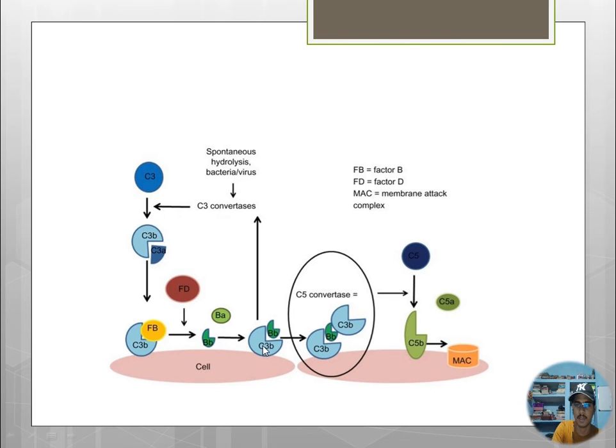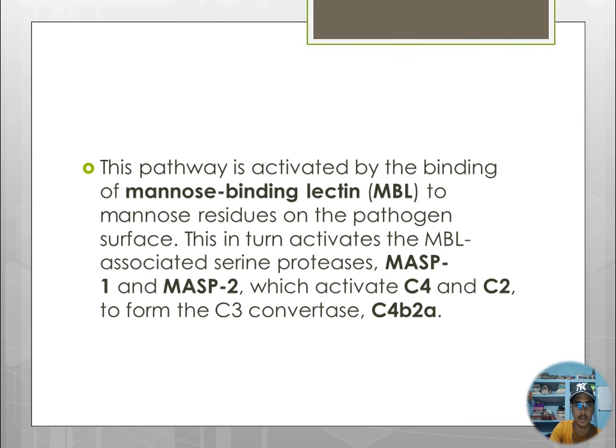Now this Bb attached to the C3b forms the C3 convertase, which recruits more C3 to the cell, and once one more C3b is attached to this Bb, then the whole complex, C3b, Bb and C3b, is called a C5 convertase, and then it splits the C5 into C5b and C5a, and then the whole membrane attack complex that we have already studied is formed, and it creates the pores and all that.